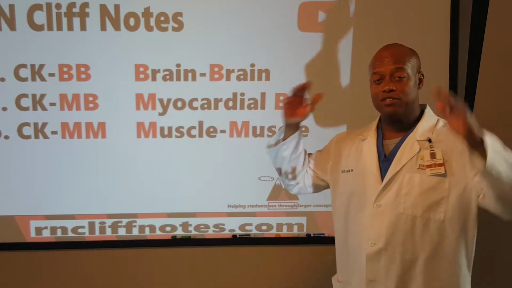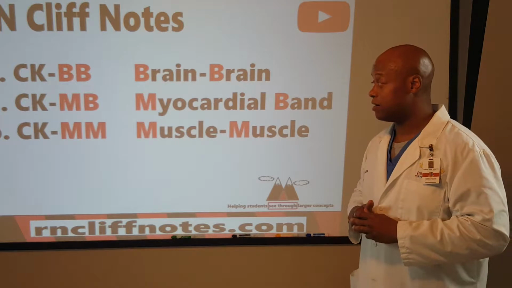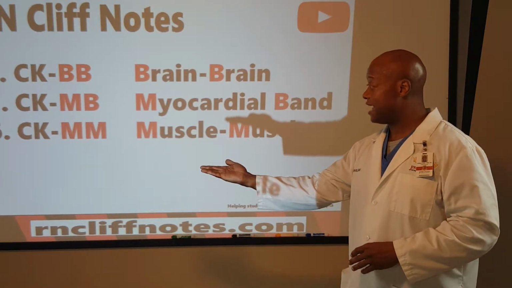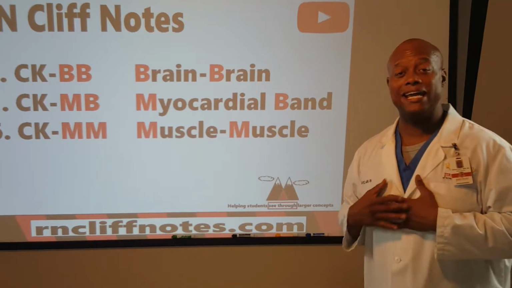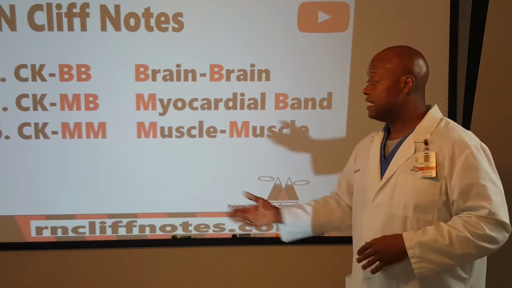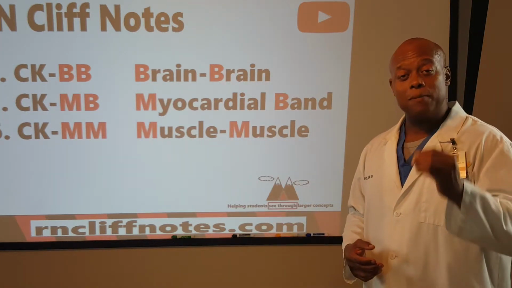CKBB having to do with damage to the individual's brain in one way or another. And CKMB, right, that actually stands for myocardial bands. That's what MB is for, myocardial bands. And CKMM, what I want you to think of when you see that is muscle.